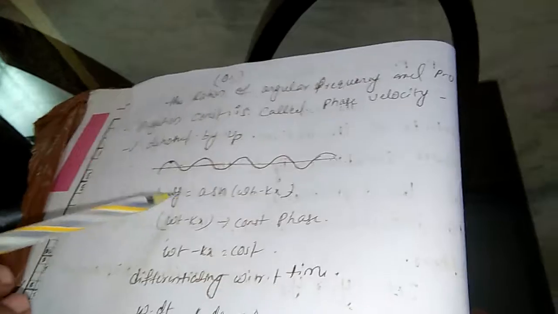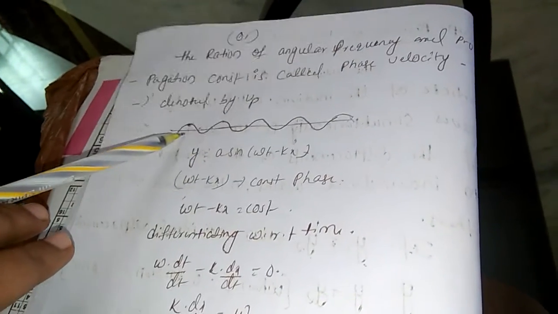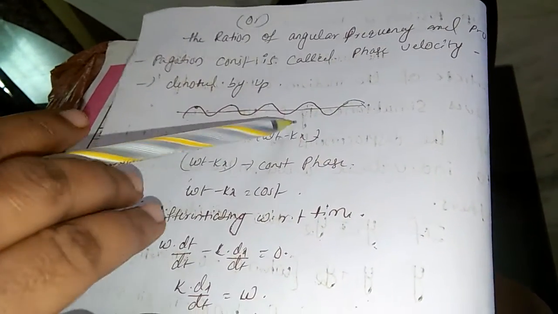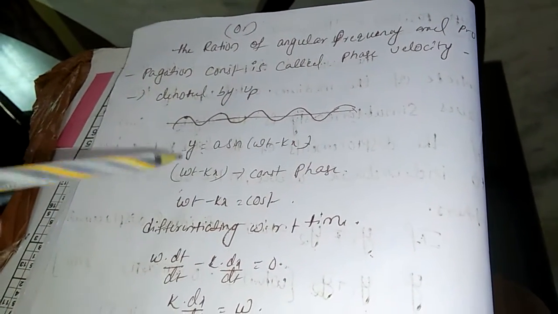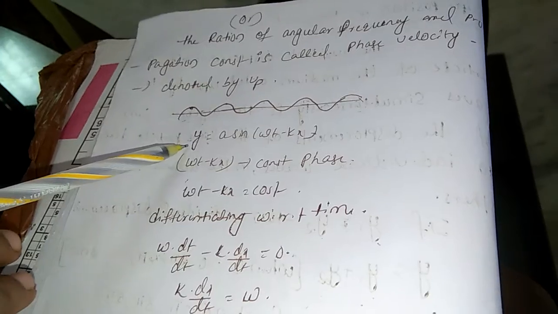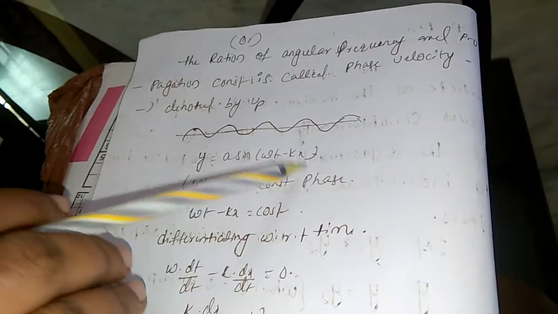Next, a derivation for the phase velocity. A wave that advances with the same amplitude and same frequency. The equation is y equals a sin(omega t minus kx).